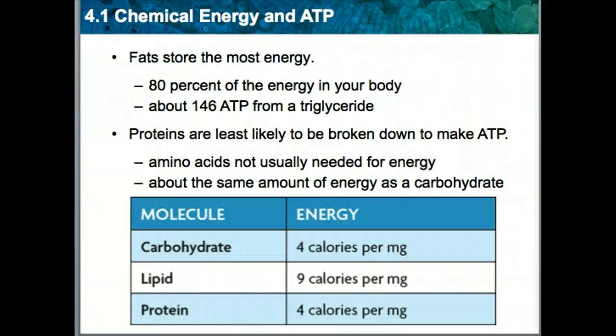As you can see on this diagram, fats store the most energy, getting 80% of the energy in your body, about 146 ATPs from a single triglyceride. Proteins are least likely to be broken down to make ATP, and that's typically because the amino acids that cells can break down to make ATP are needed to build new proteins more than they are needed for energy. So the proteins we're using to make more proteins.